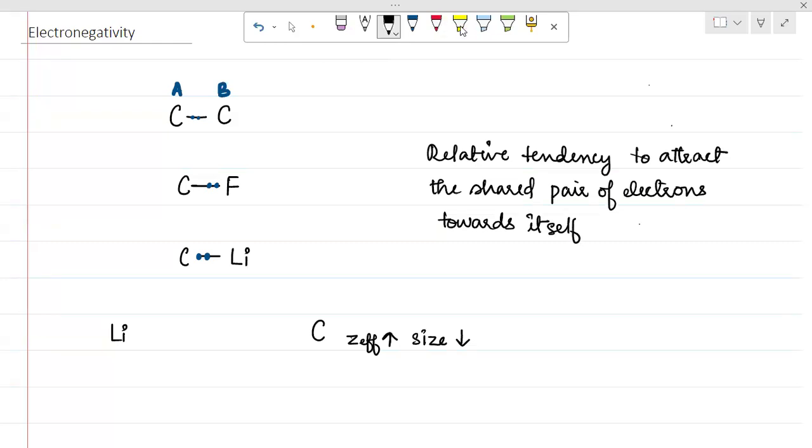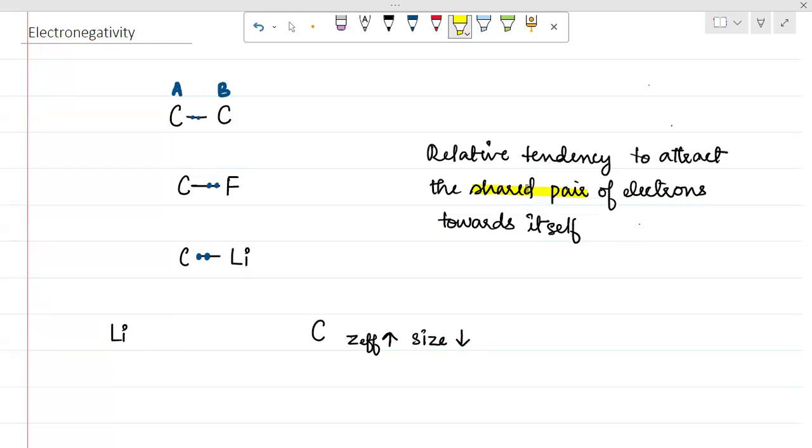It is very important that the tendency we are talking about is to attract a shared pair of electrons. Why am I saying this? Because in the next video, we'll be discussing electron affinity. There also, there is some kind of tendency to pull electrons, but that is different. Here we are talking about the tendency to pull an electron which is shared between two species. Such a tendency to pull the electron towards itself is called electronegativity.